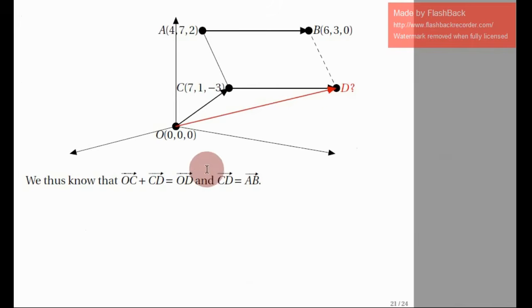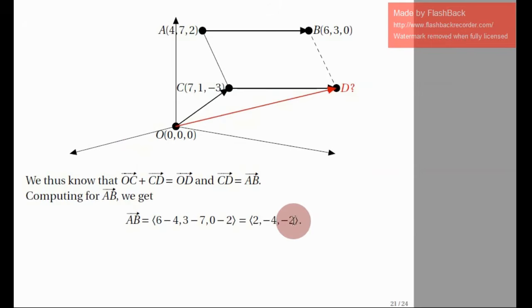Again, what we know is that vector OD is the sum of these two vectors, vector OC and vector CD, and that vector CD is just equal to our vector AB. Using these two equations, we first compute vector AB to know what vector CD is, and we get this vector right here, just subtracting the corresponding coordinates of our points B and A. So we get this, and that is precisely our vector CD.